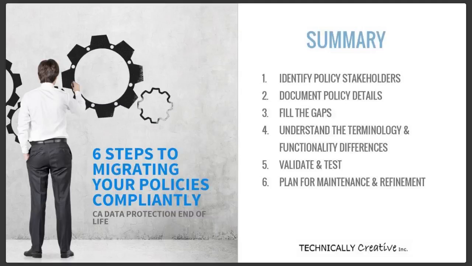The recording of our past webinars are also available on our website at technicallycreative.com. Those topics were CA data protection end of life next steps, 5 steps to consider when assessing a new surveillance solution, and understanding new and emerging surveillance technologies, where we discuss the differences and benefits about migrating to a lexicon-based system, a policy and rule system, or entering the world of analytics.